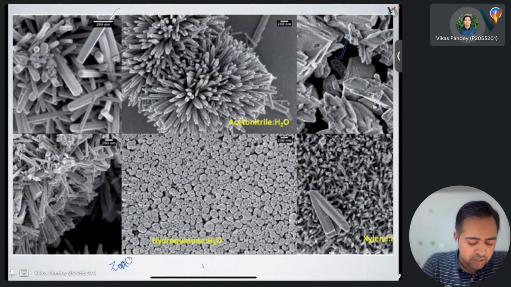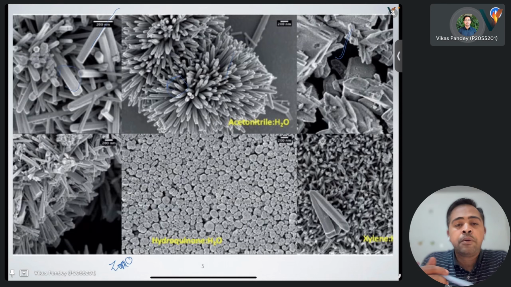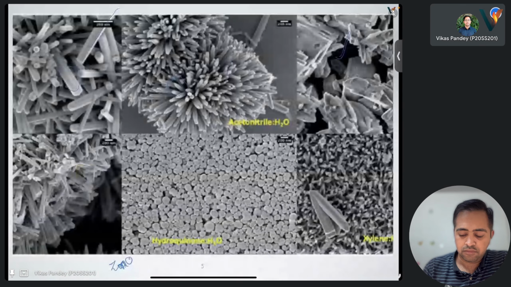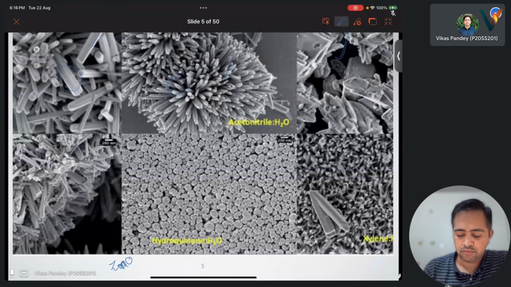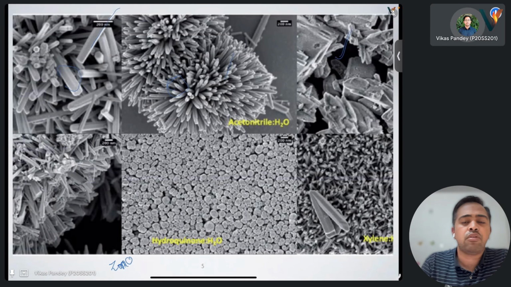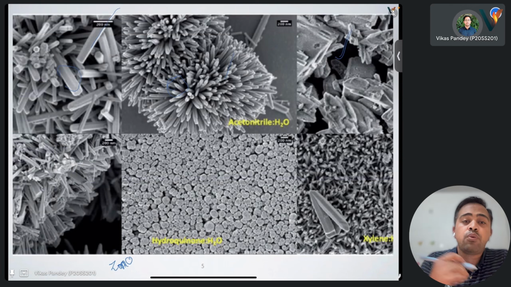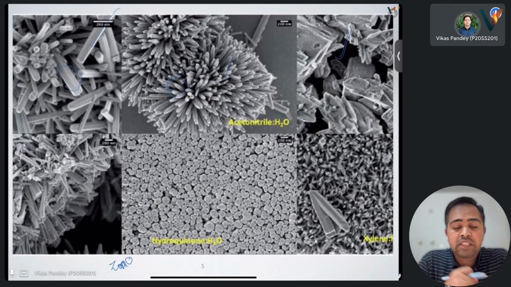In all of these, you see that they have very good surface area, and as such, more molecules, whether biomolecules or gas molecules or whatever the sensor is meant to detect, will be able to interact on these sites, and the overall sensitivity will increase.